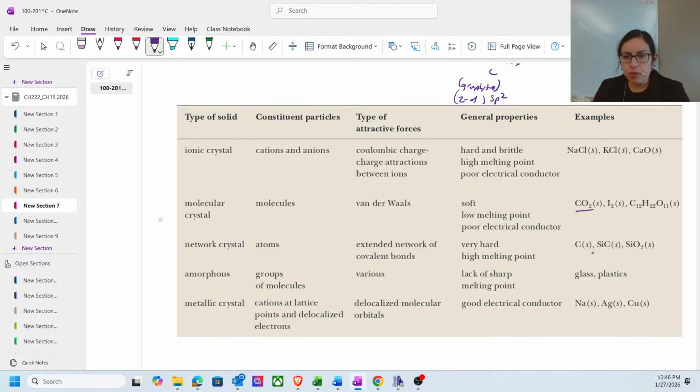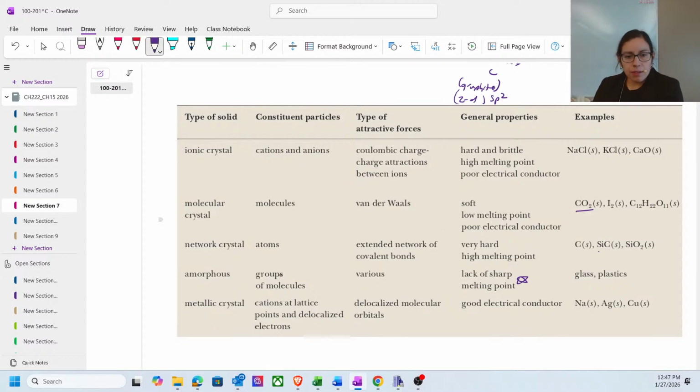Network crystals, so silicon carbide. I'm sure that hafnium carbide would be under the network crystal. And then amorphous, that was glass and plastic. The difference between your amorphous and your network crystal is also your lack of a sharp melting point. That's what defines your amorphous solid.